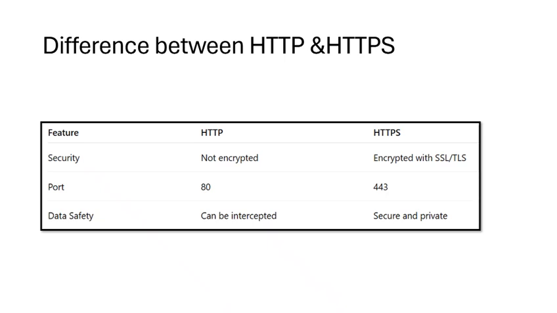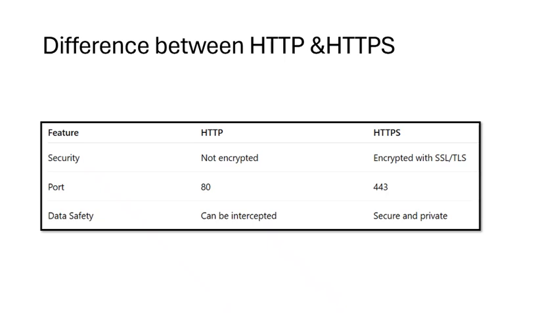The URL prefix is http colon double slash for HTTP, and https colon double slash for HTTPS. In the browser indicator, there is no padlock icon for HTTP. When it comes to HTTPS, we have a padlock icon shown in the address bar.